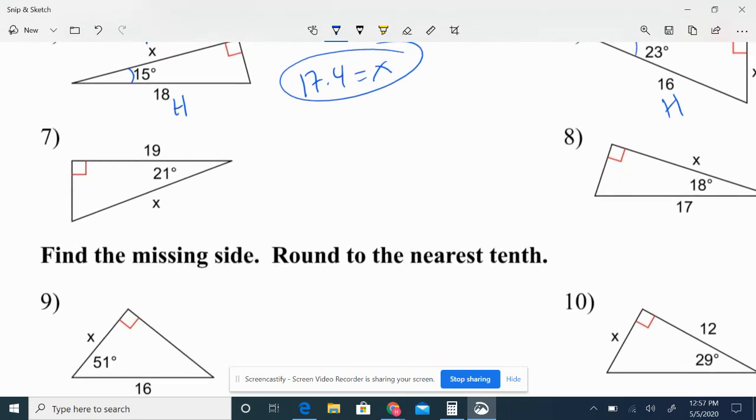Looking at number 7. Look, I'm looking for my hypotenuse in this case. I'm expecting my answer to be more than 19. Right? Logically expected to be more than 19. I have the hypotenuse and the adjacent, so I know I'm going to be using cosine. Cosine of 21 is equal to 19 over x.